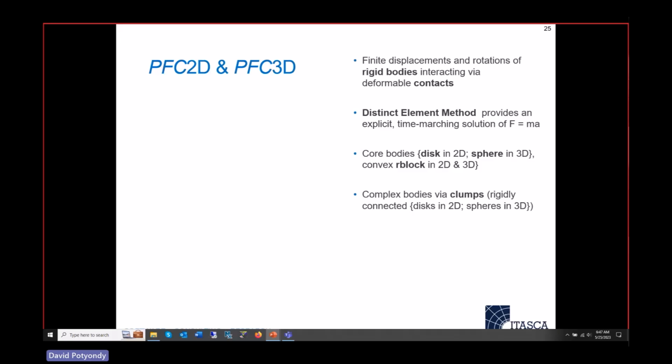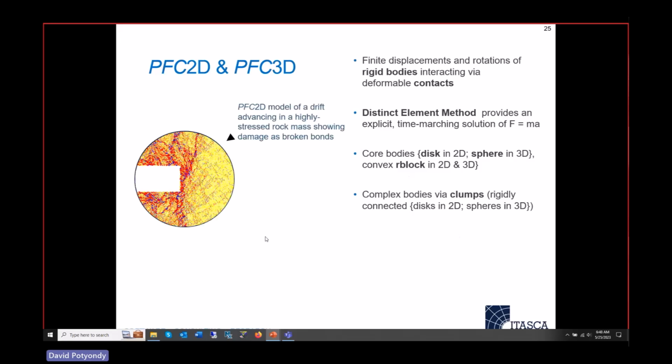And then when they come in contact, we're saying there's a contact there, and we're storing a force there. We're basically using Newton's law, F equals ma, to figure out the motion of this system. And we'll talk about this quite a bit when we get into the physics. Again, the basic particles here are the disks or spheres. We can also have these convex blocks, and then we also can clump these things together.